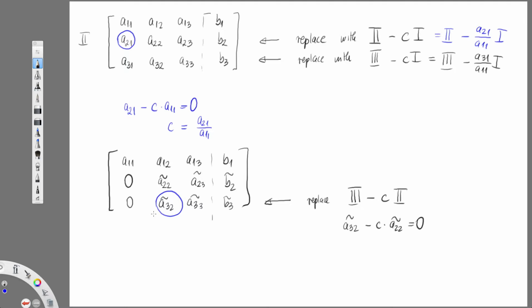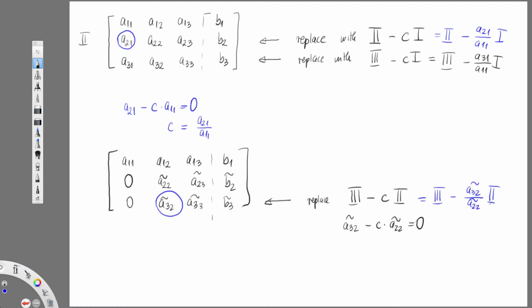So what is C? And if I had more rows, I would just keep going. This would become A42 tilde over A22 tilde, A52 tilde over A22 tilde, and I would keep going for as many rows as I had.